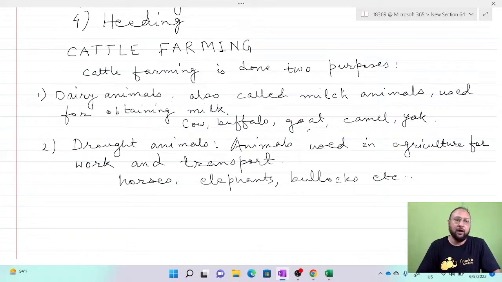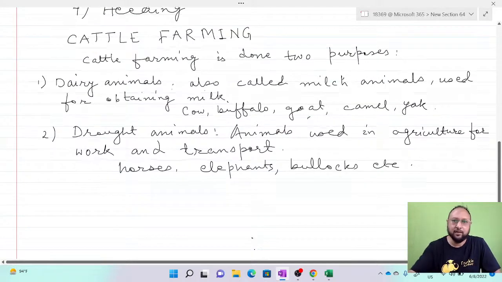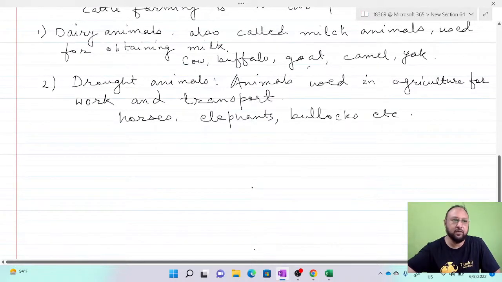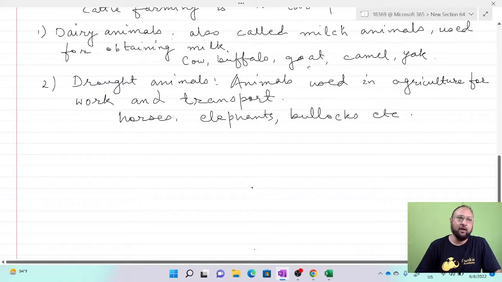Now we come to another part, the breeds of the cows. This is an important one. According to Indian mythology, cows are called Gomata, and as they provide milk, they also provide bullocks for transportation and farming purposes.